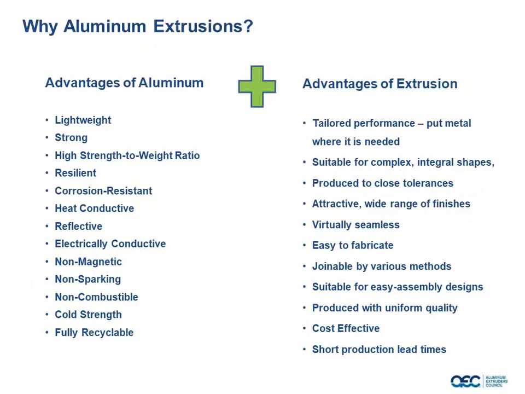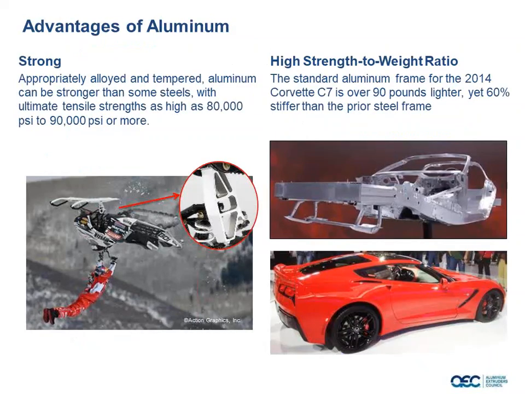It's also a very good conductor of heat and electricity. But as you'll see in the next couple of pictures here, showing applications, again, where its strength to weight ratio makes it a great material, such as space frames for automobiles and some of the structural components in a snowmobile.